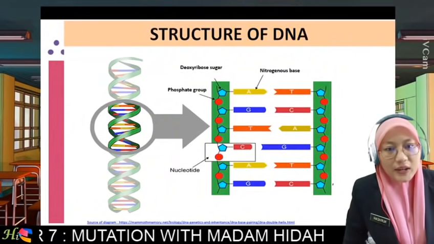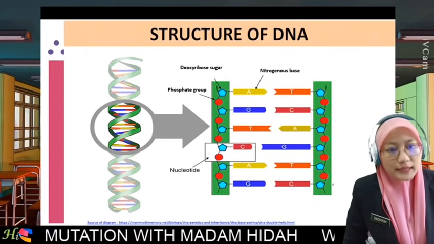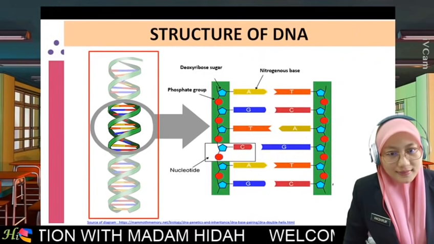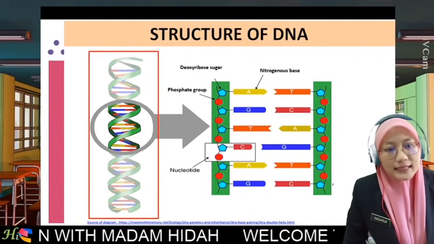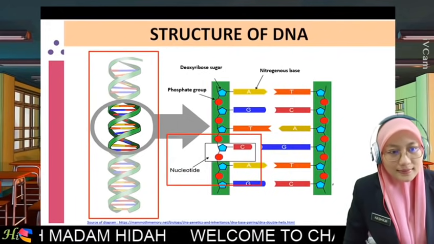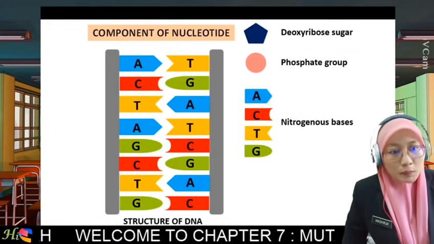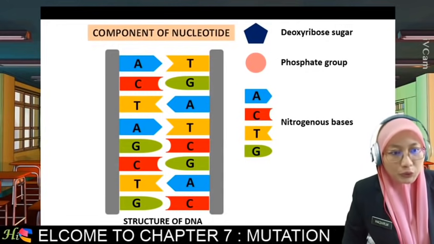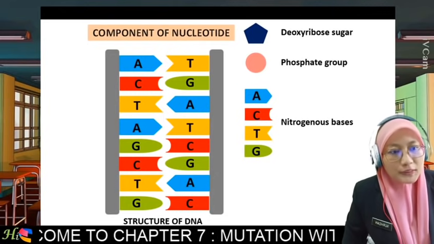Deoxyribonucleic acid, or DNA, are macromolecules that exist as polymer called polynucleotide. Each polynucleotide consists of monomers called nucleotides. Each nucleotide is composed of three components. First one is deoxyribose sugar. Second, phosphate group.